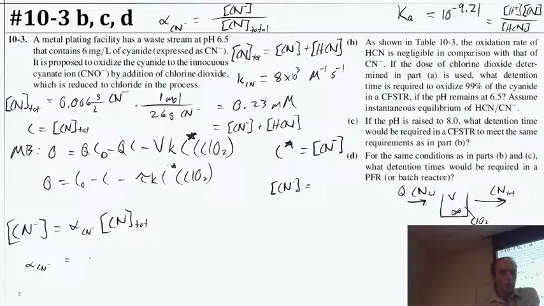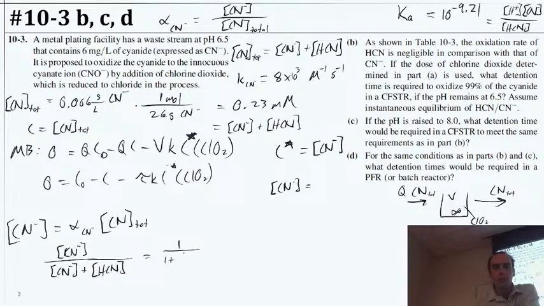We can describe, let's see, do I have it? Might have a simplified form of it. Well, let's just derive it real quick to make sure it's clear. We can get this from saying Cn minus divided by Cn minus plus HCN. Divide the top and the bottom by Cn minus will give us 1 over 1 plus HCN over Cn minus.